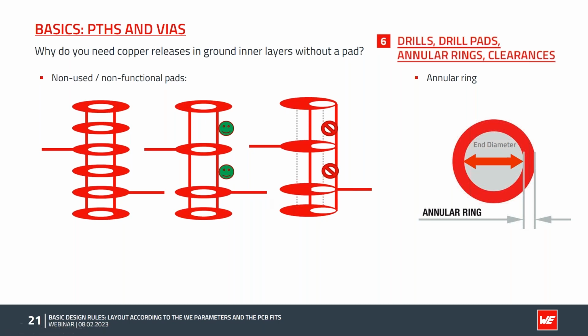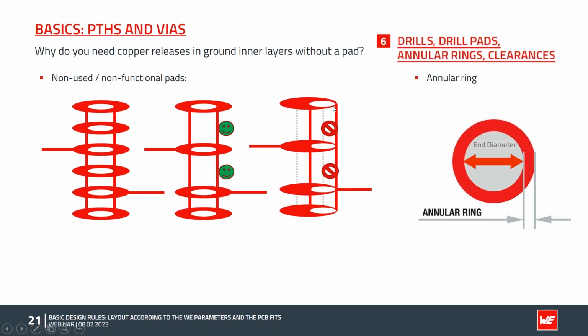But remember the real life picture for the annular ring. So it also could look like this: the barrel with less annular ring, so near to 0, but this is real life. And we also have to consider this situation.